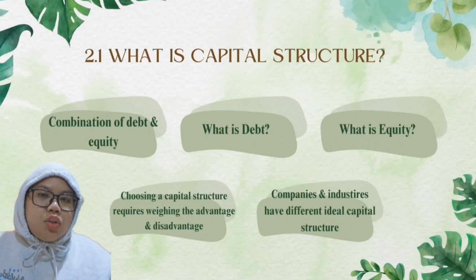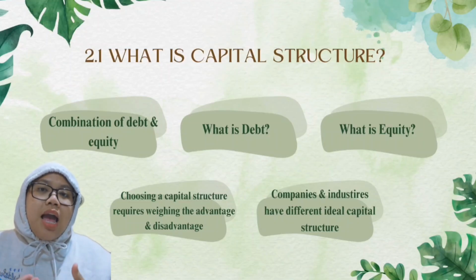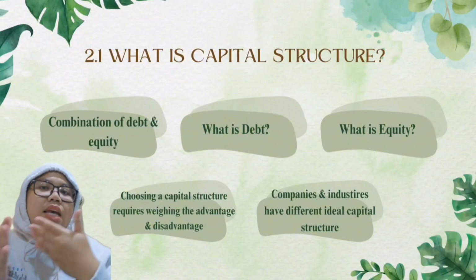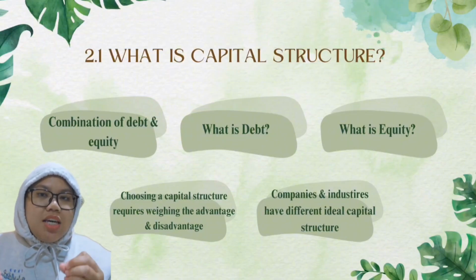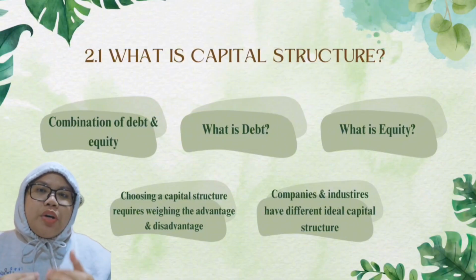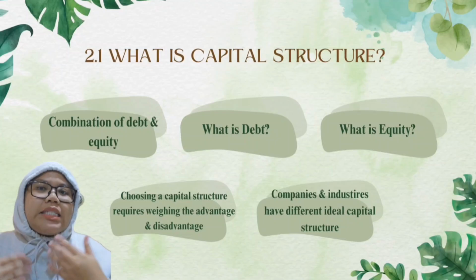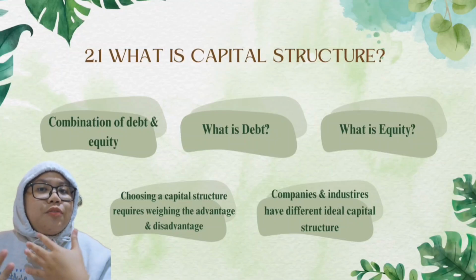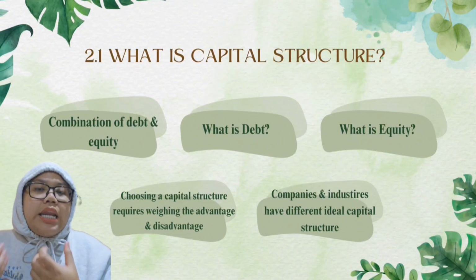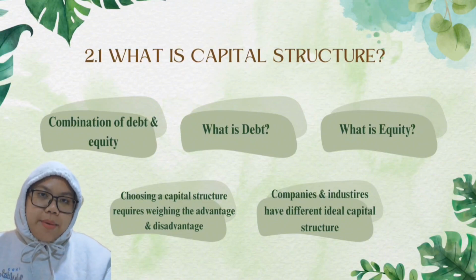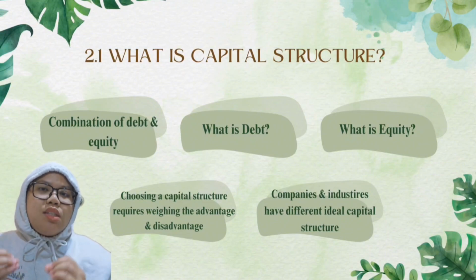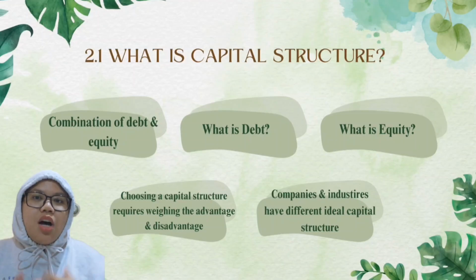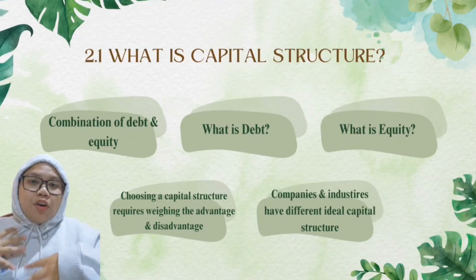Choosing a capital structure requires weighing the advantages and disadvantages. Debt is frequently viewed as a less expensive financing option due to the tax-deductible nature of interest payments, which lowers the total cost of capital.